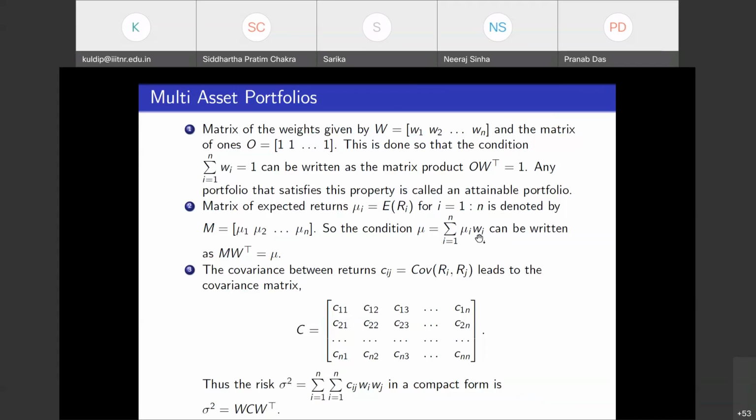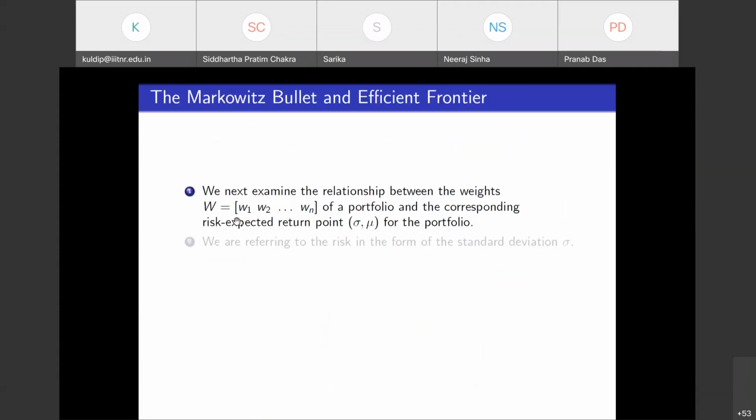Now, since there are infinitely many combinations of W1 through Wn, there is going to be correspondingly infinite pairs, as I mentioned, that one combination of W1 through Wn will give one pair sigma mu. Another combination will give another.